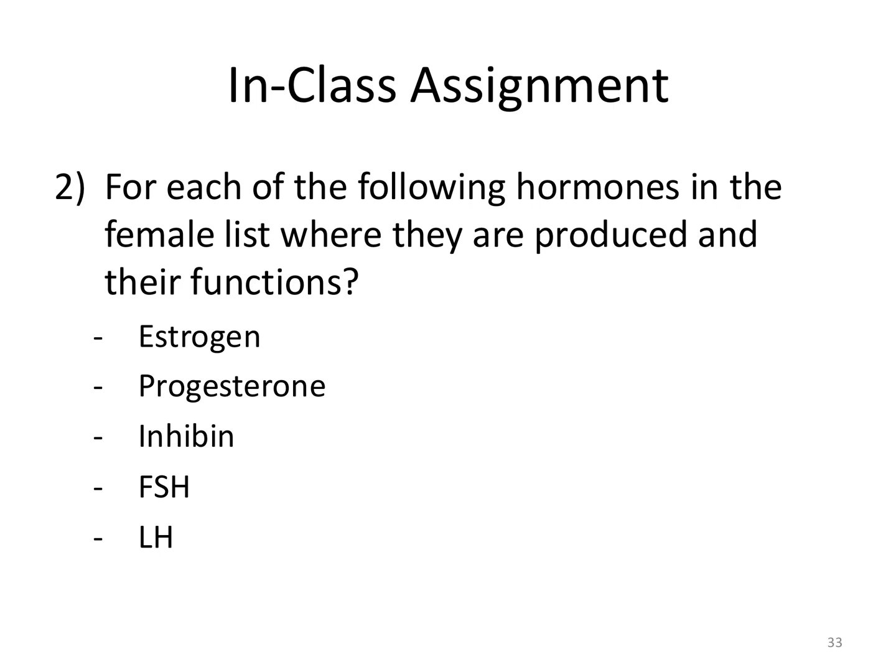So this brings us to our last in-class assignment question. For each of the following hormones in the female, list where they're produced and their functions. This is due the day of the final exam.